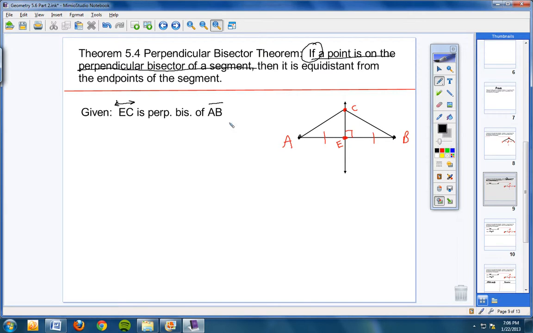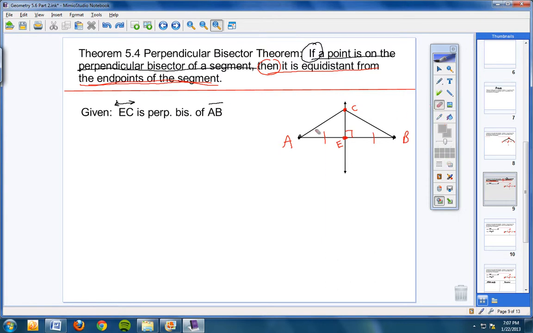Perpendicular bisector of a segment. The then part, I don't know if you guys knew this or not, hopefully you did, the then part is what you're proving. Did you know that? So the then part is what you're proving. So you're proving that this point, point C right here, is equidistant from the endpoints of the segment.